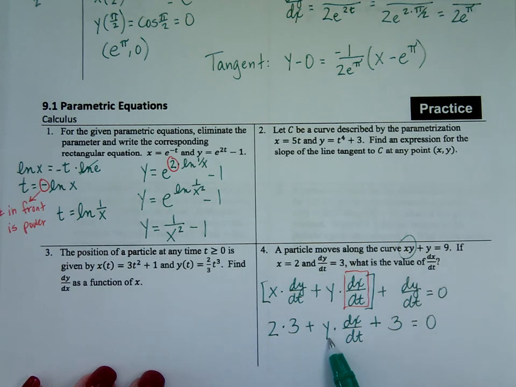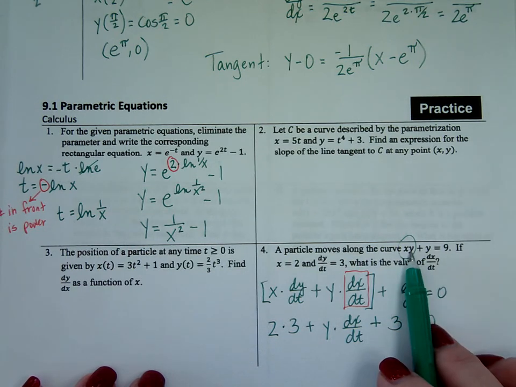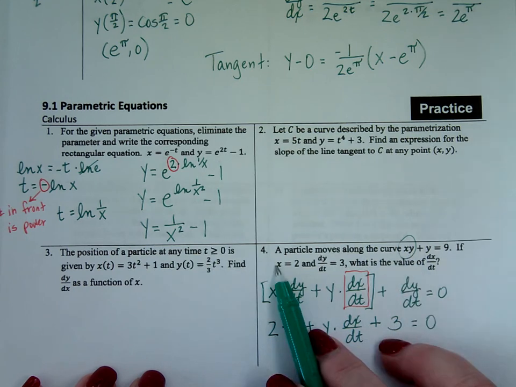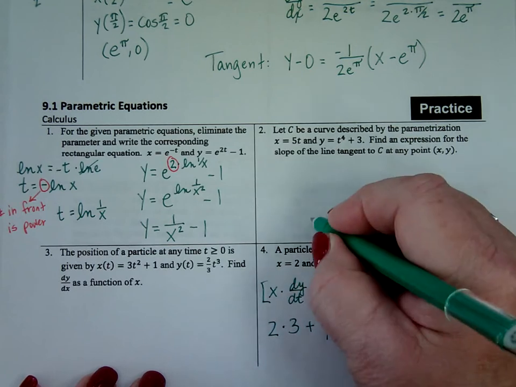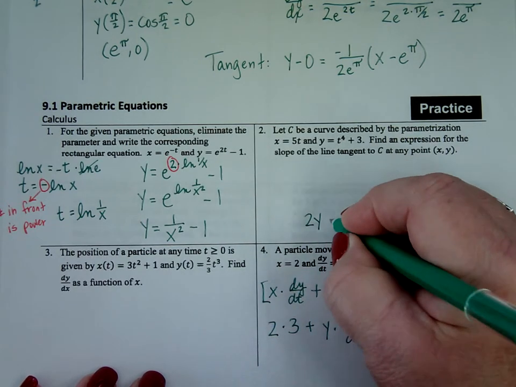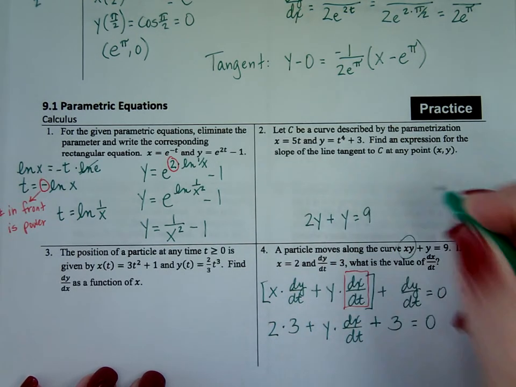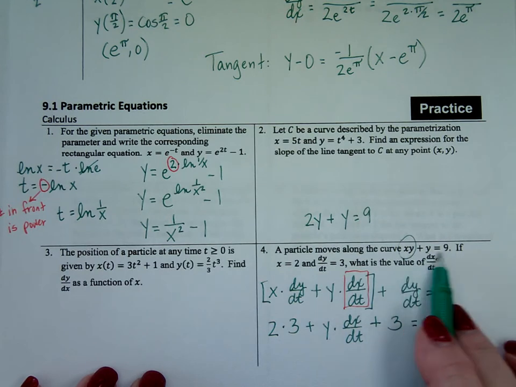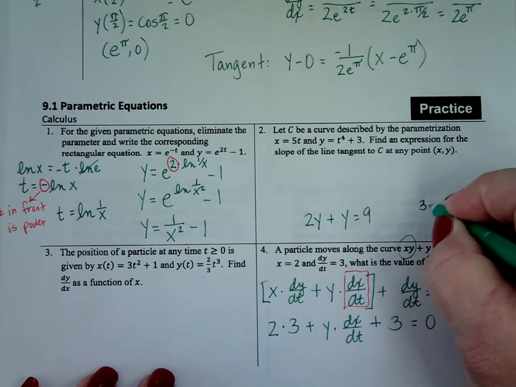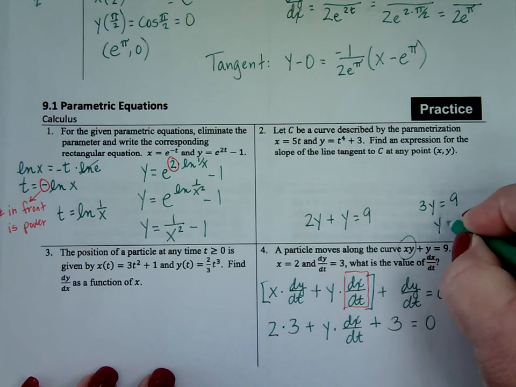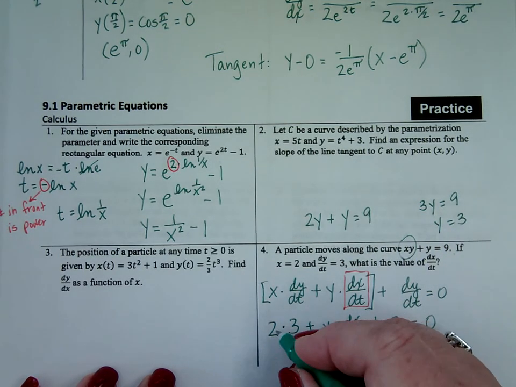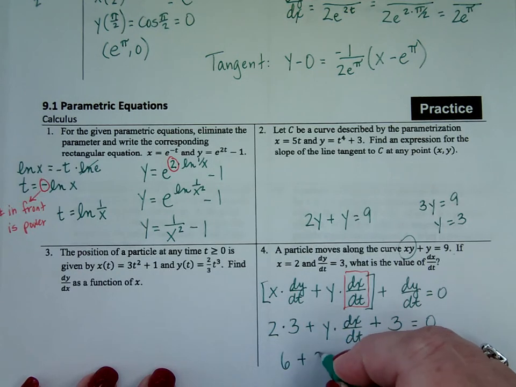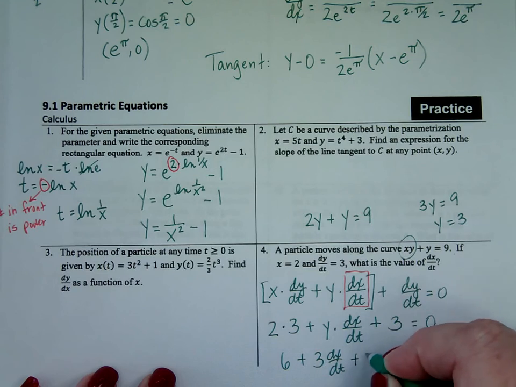If I go back to my original equation and I know that x is 2, you should be able to put the light bulb on there and calculate this out. I'm going to go up above: 2 times y plus y equals 9. 2y plus y equals 9. That gives me 3y equals 9, so I know that y is 3, which lets me then say 2 times 3 is 6, plus 3 dx over dt, plus another 3 equals 0.